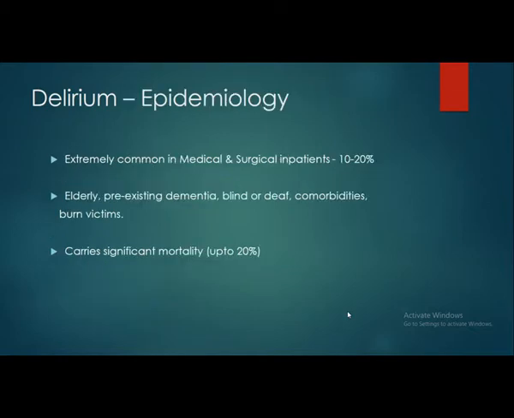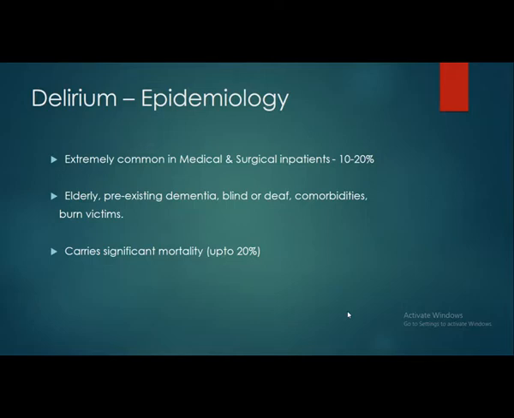So what is the epidemiology of delirium? As we discussed, this is really common in medical and surgical inpatients, almost 10 to 20%. The risk factors for delirium are being elderly, having pre-existing dementia, having sensory issues like being blind or deaf, as well as comorbidities like any other infection.